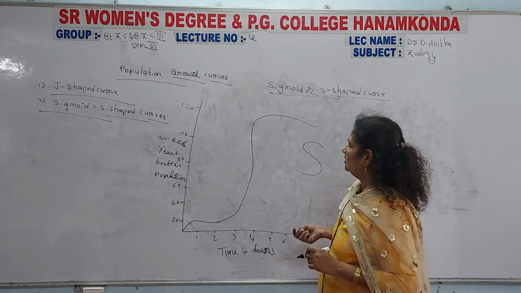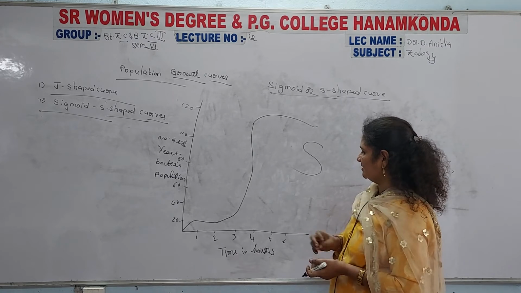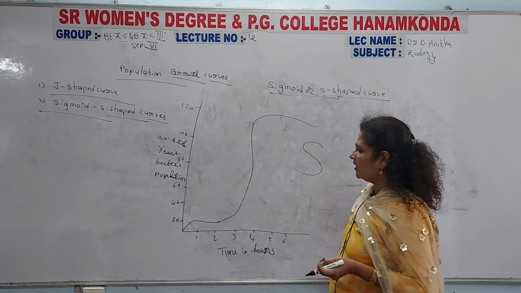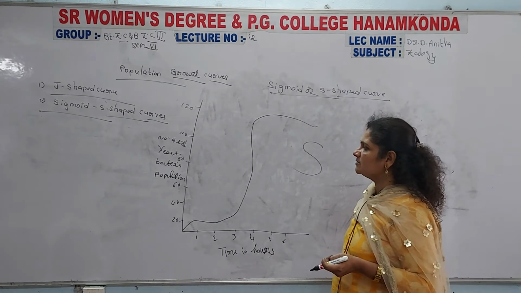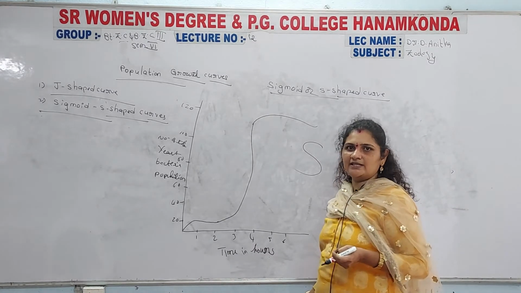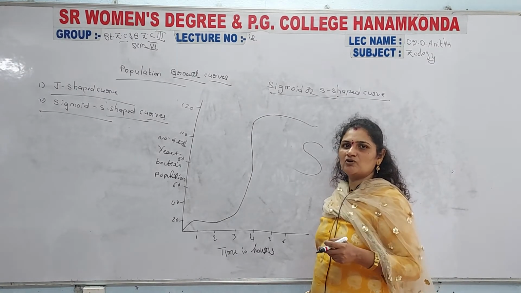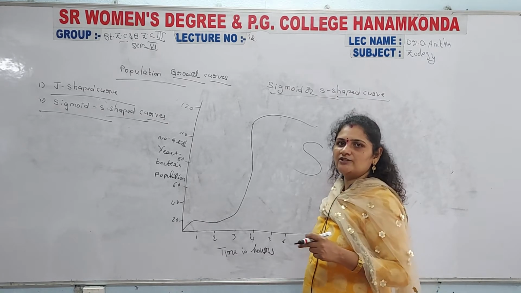So in these, mainly, in some hours of time, the time in hours, and the number of yeast bacteria population, the bacteria population in some hours of time, gradually started.